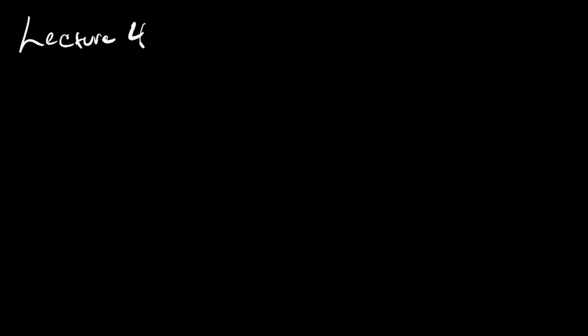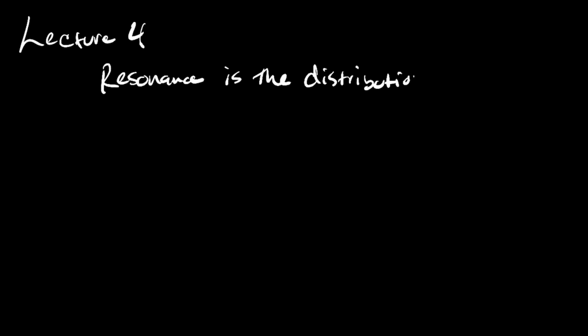Okay, so the last lecture of chapter one, we're just gonna wrap up our discussion on resonance, okay? We kind of covered resonance in the sense that resonance is the distribution of electrons in a pi system, okay?